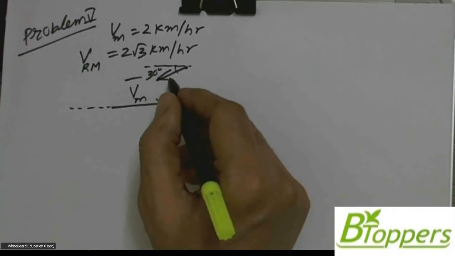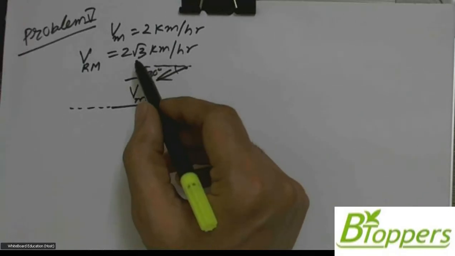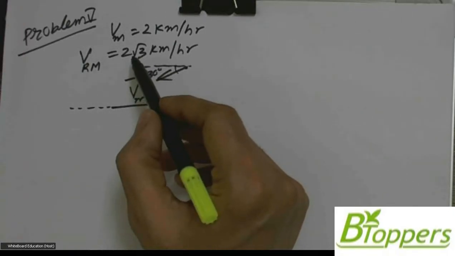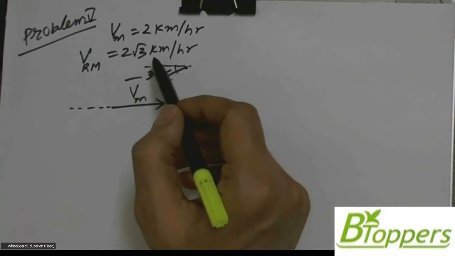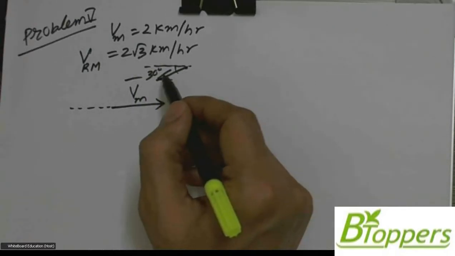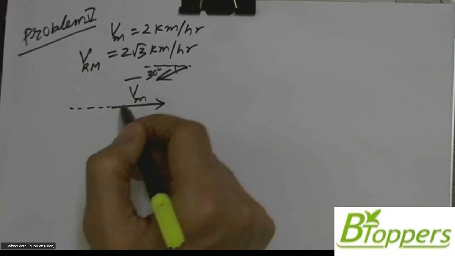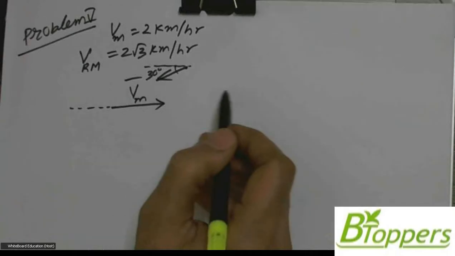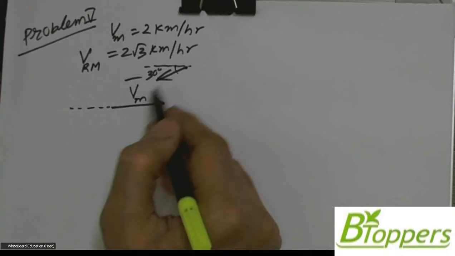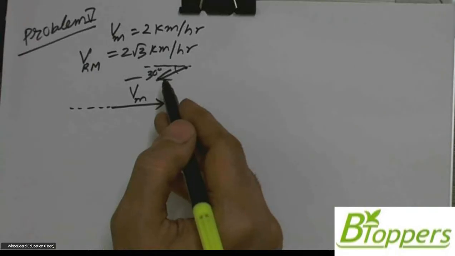You are asked to find the actual velocity of the raindrops. You are given the relative velocity of the raindrops as 2√3 km per hour at an angle of 30 degrees with the horizontal from the front. That means you have to imagine that the man is moving in this direction towards the right, and the raindrops are coming from the front at 30 degrees with the horizontal.